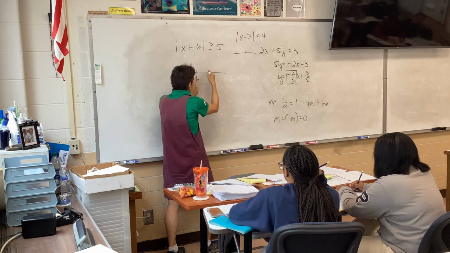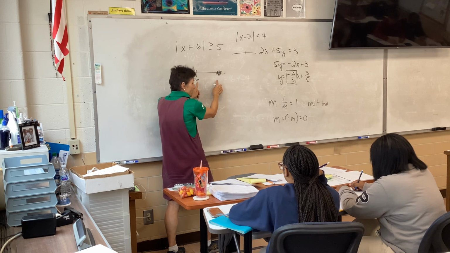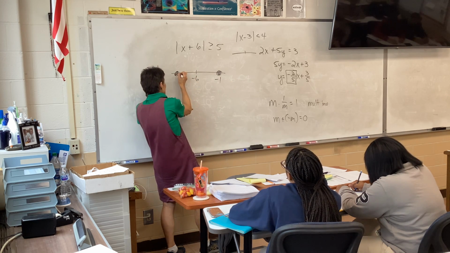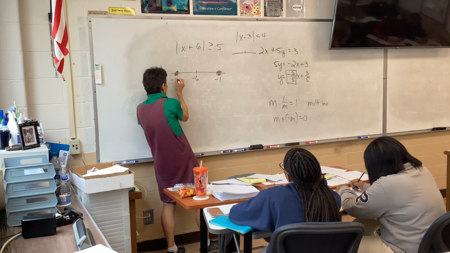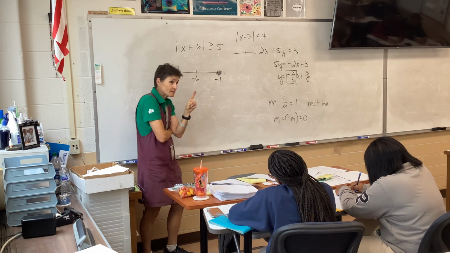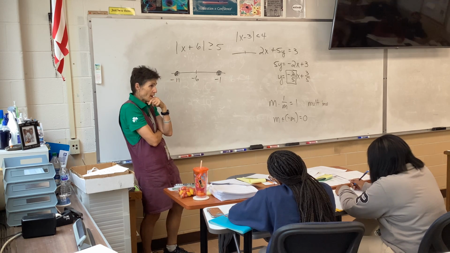So if I am 5 units away in this direction, where will I be? 5 units this way, -1. 5 units this way, where am I? -11.